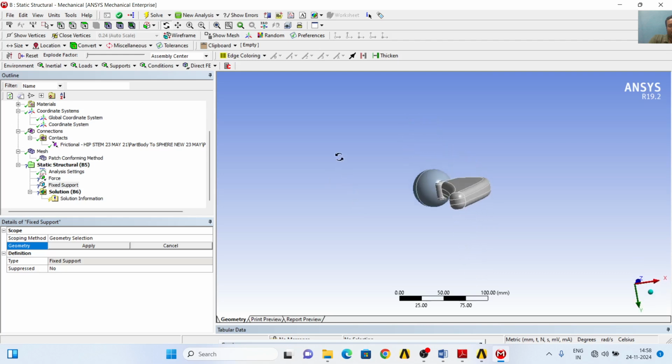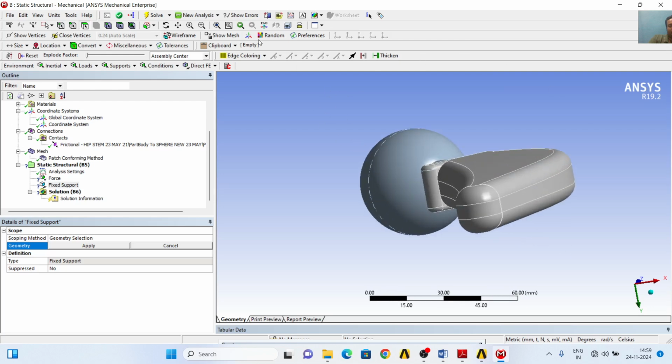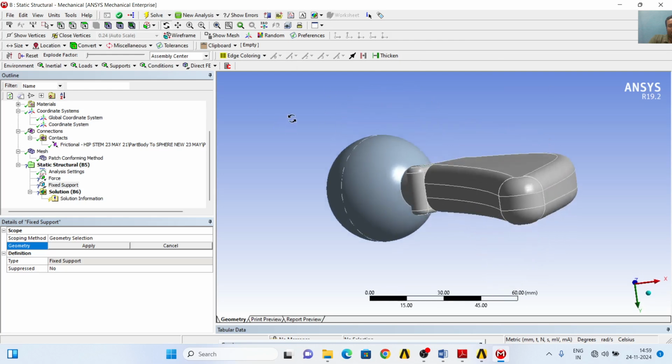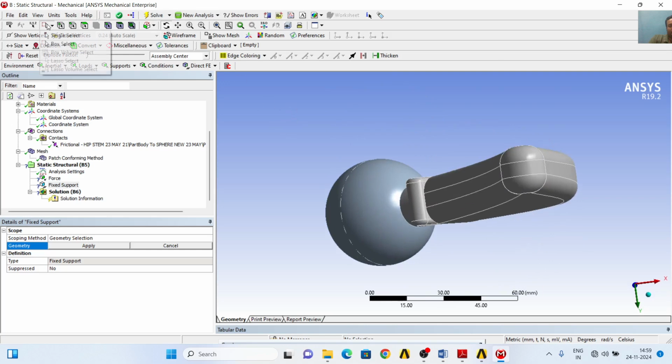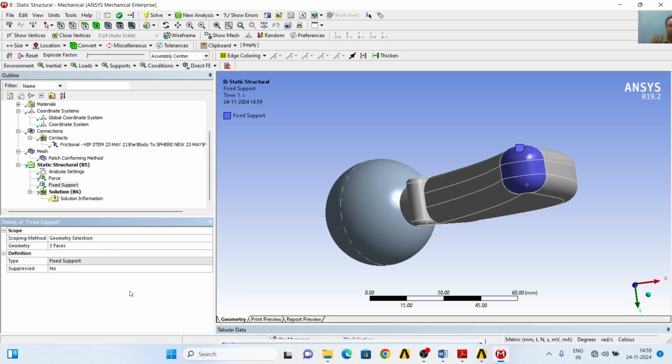I will use the face icon and select faces 1, 2 and 3, so I can apply fixed support to 3 faces.